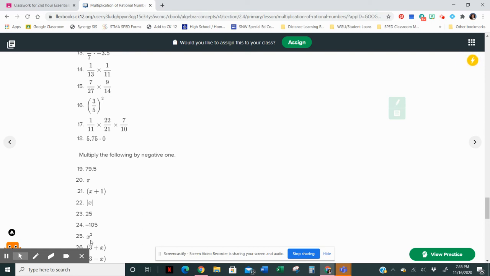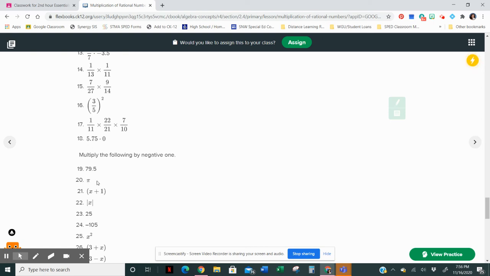23, and 25. I'm just going to point out that for 19, 23, and 25, you are going to multiply the following by a -1. And remember, whenever you multiply a number or a variable by a -1, your answer is going to be negative.